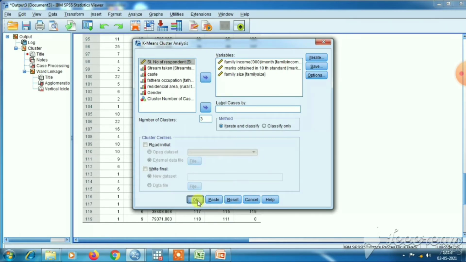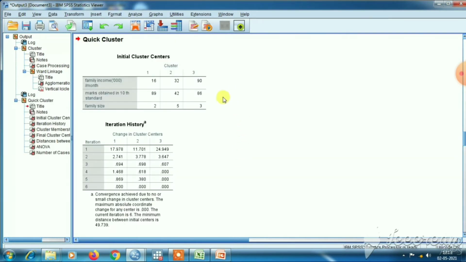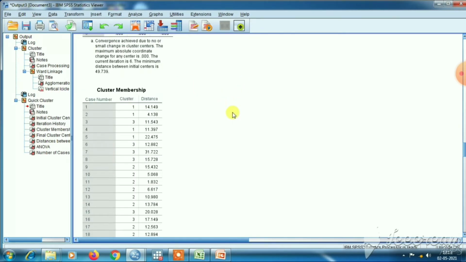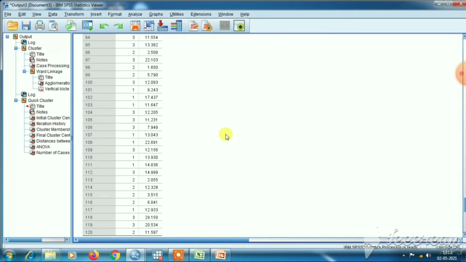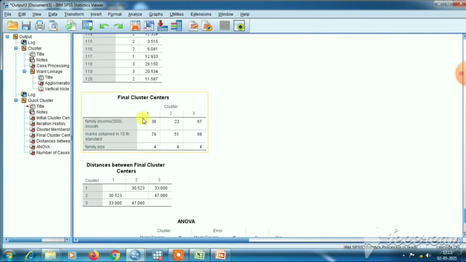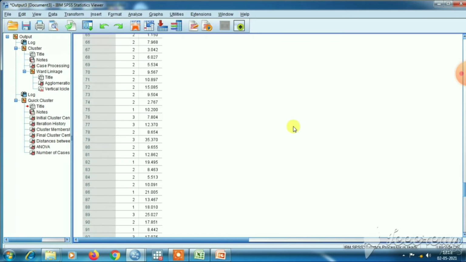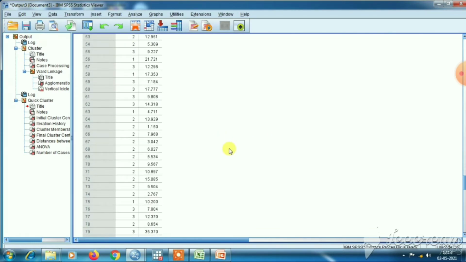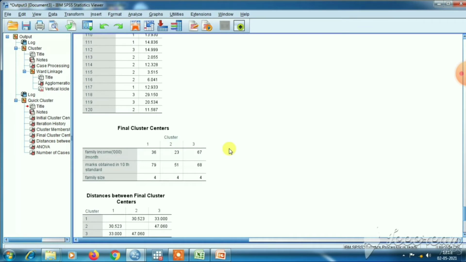Continue. The results show the initial cluster centers and iteration history, which are not important. The important things are the final cluster centers and the cluster membership table, that is which respondent falls in which cluster.